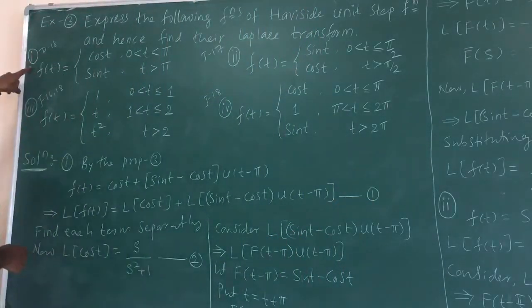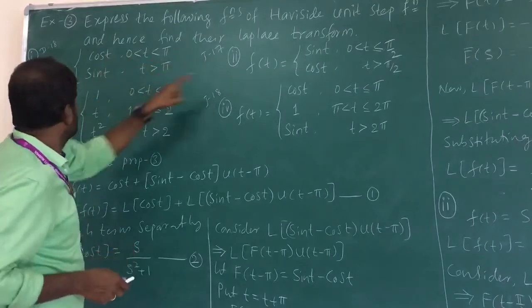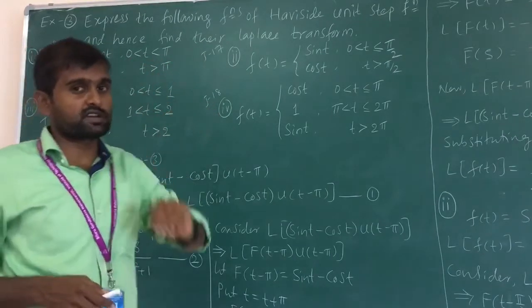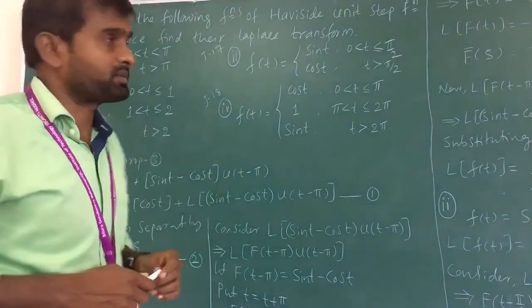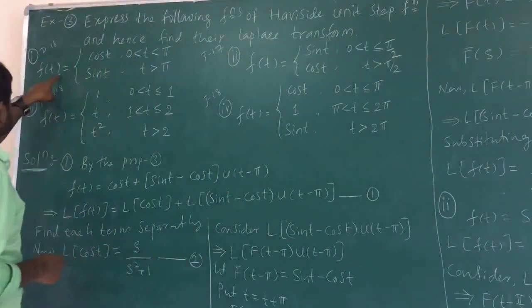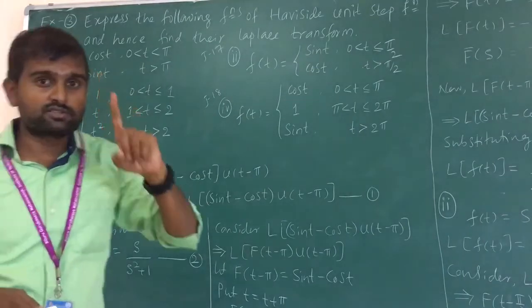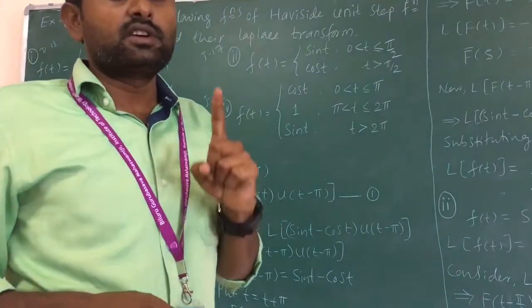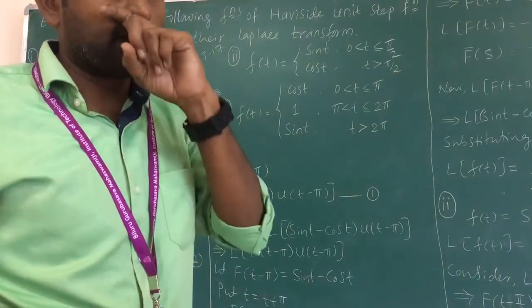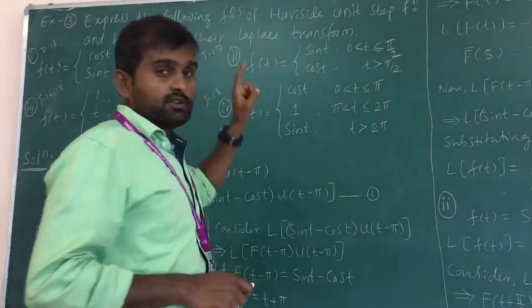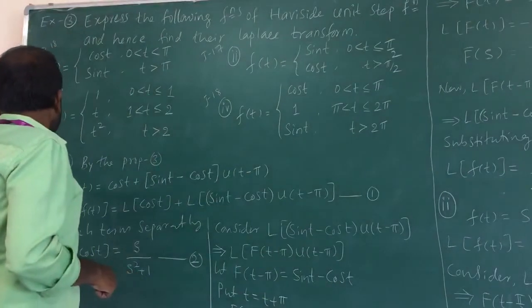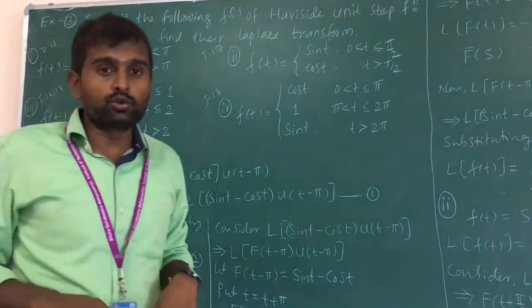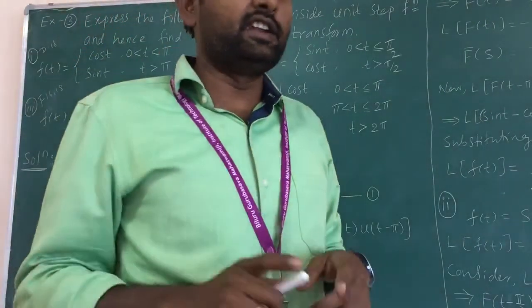So here we have 4 examples: 1, 2, 3, 4. All 4 are question paper examples. The first is from December 2018, the second from June 2017, and the third from June 2016 and 2018, asked 2 times.